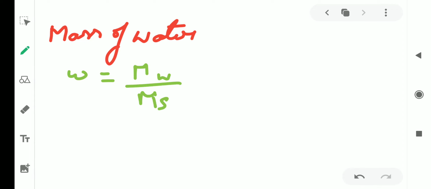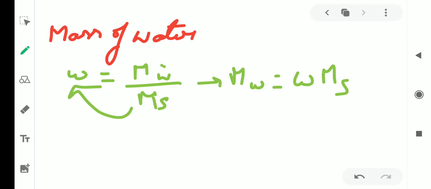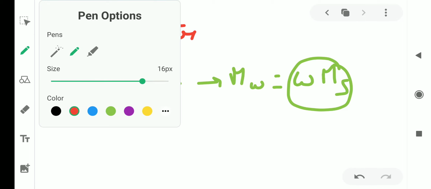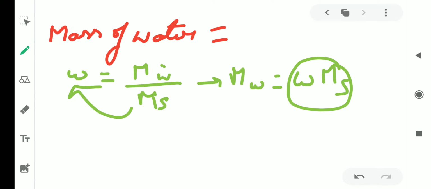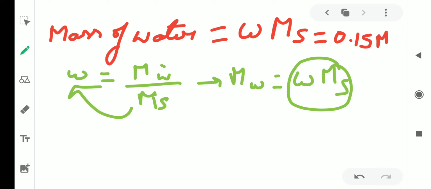So from here we get mass of water is equal to water content into mass of solids. So mass of water is equal to 0.15 Ms.